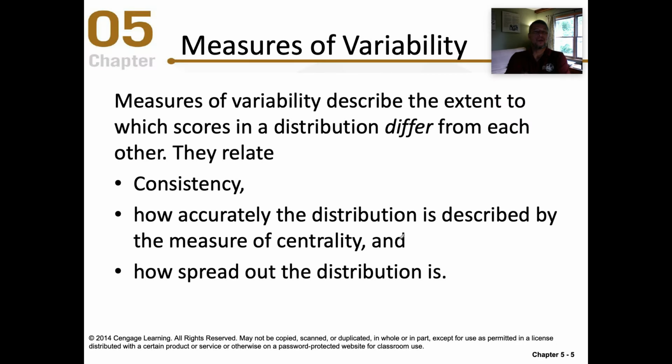Measures of variability are used to describe the extent to which scores in a distribution differ from each other. What they really are talking about is how consistent the data is across a data set. How accurately is the distribution described by the measure of centrality, in other words, the mean, the median, or the mode, and how spread out the distribution is.